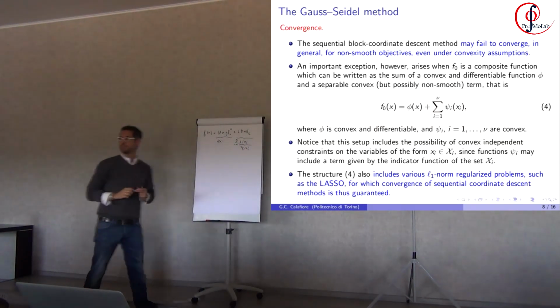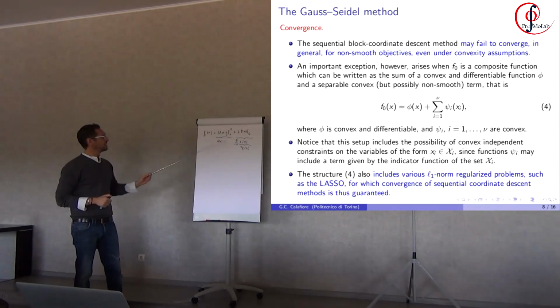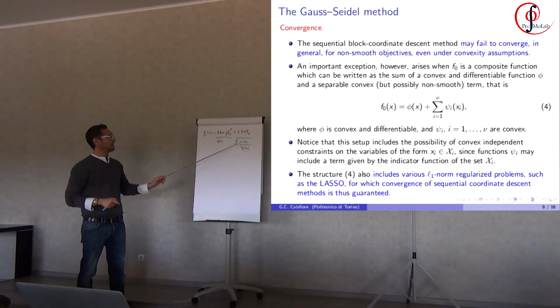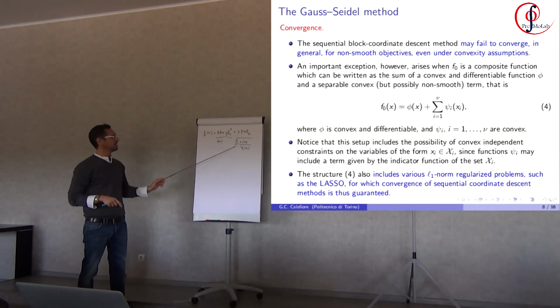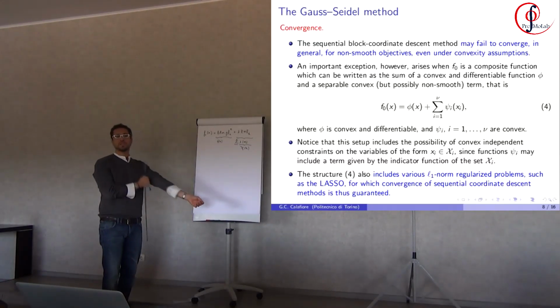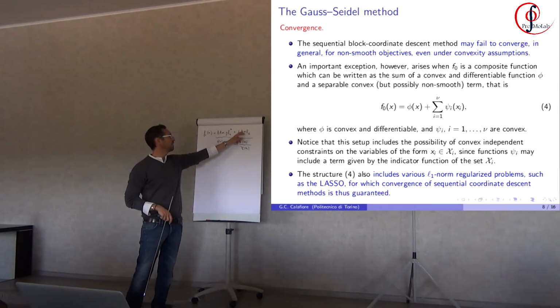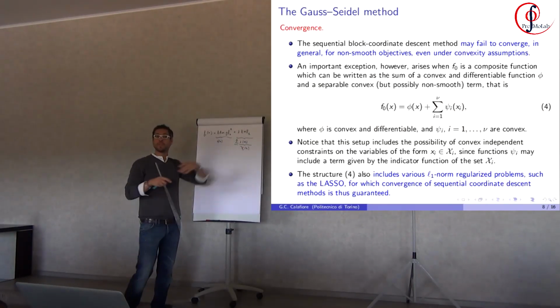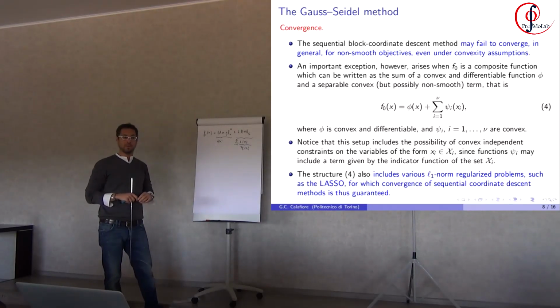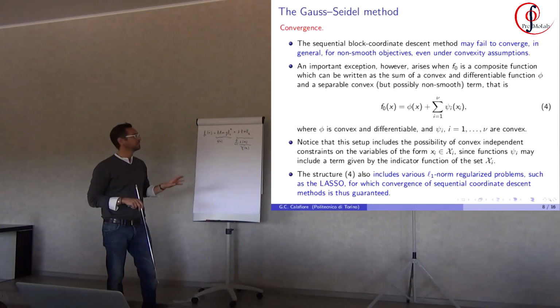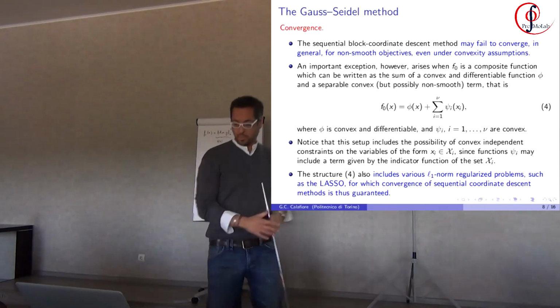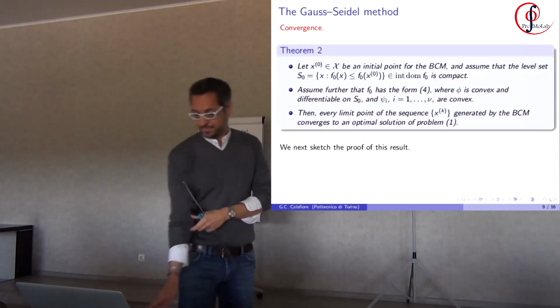All right? So this term is indeed convex, separable because we have this summation here, but non-smooth because we saw yesterday that the absolute value function, the L1 norm, is non-differentiable. Okay, and we also computed yesterday subgradients and subdifferentials of that function. All right, so this is a very important special case.